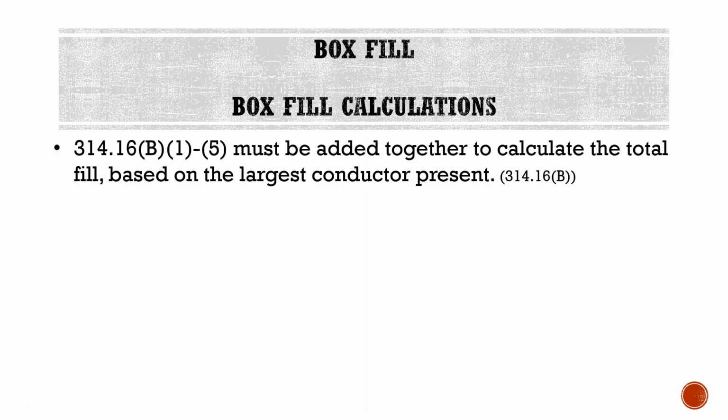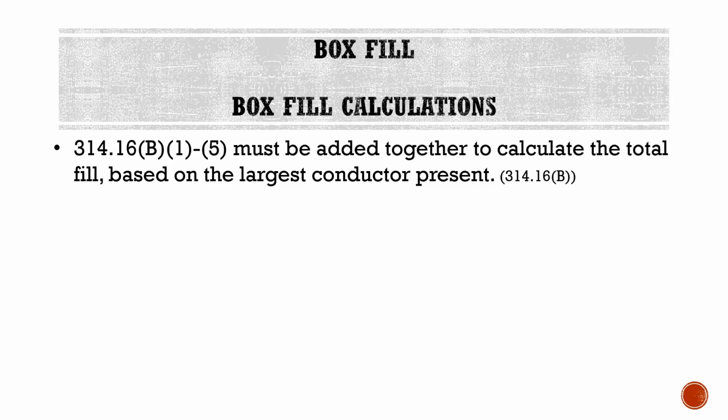Moving on from there, we're going to be getting into how we actually do our calculations to see how much stuff we need to put in a box. Now, 314.16(B)(1) through (5) must be added together to calculate the total fill based on the largest conductor present. In other words, we have a list of items that are covered in 314.16(B)(1) through (5).